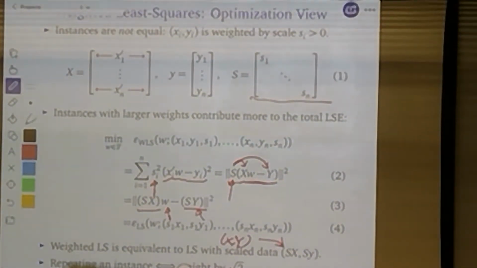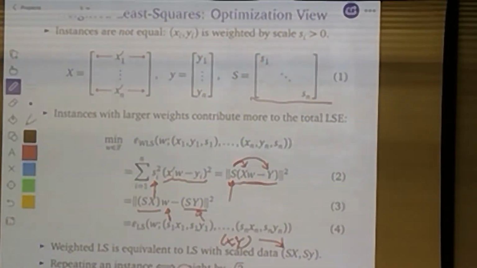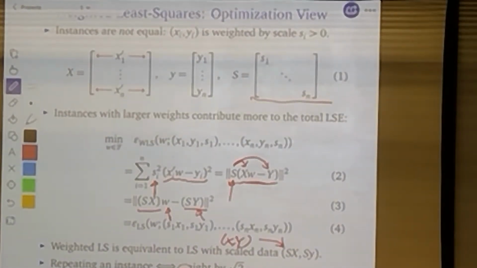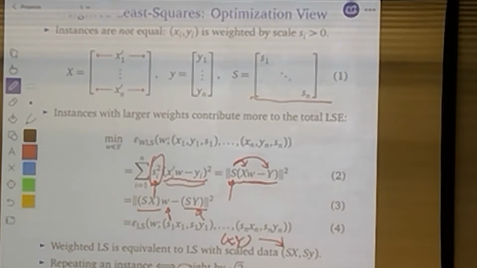So one particular case is if you just repeat an instance. In a way you can think of this: if this weight is twice as important, why don't you just add another X, Y, which is identical to that? Repeat an instance. And that actually corresponds to a scale of square root of 2. Because in the end, if you have individual instances, this term will be repeated twice.